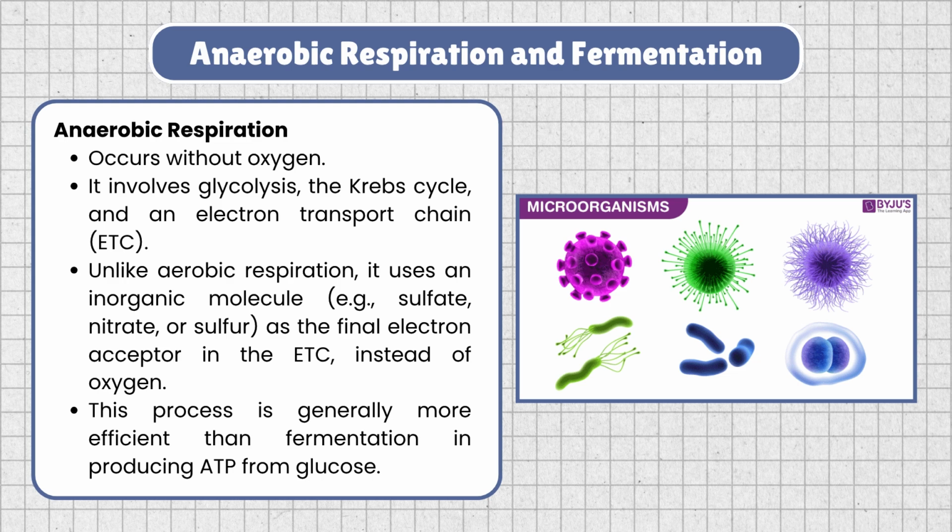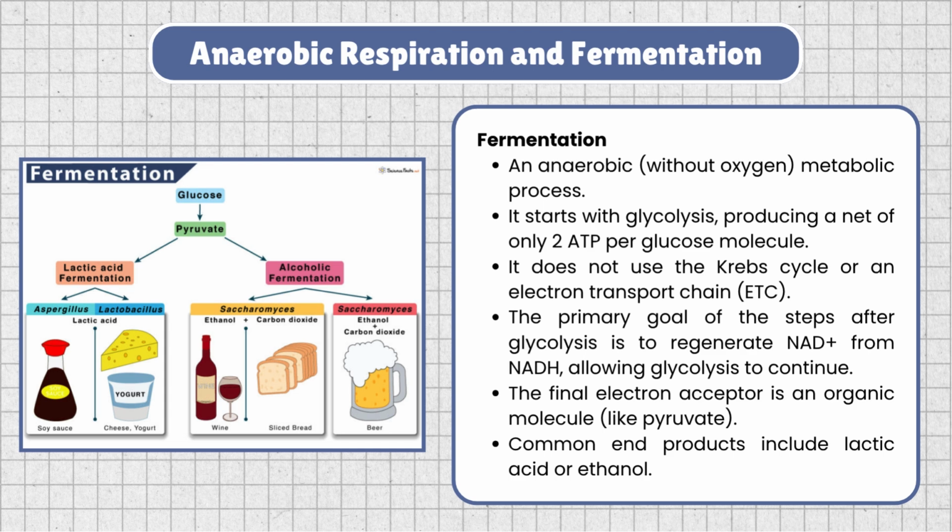Instead of oxygen, anaerobic respiration uses an inorganic molecule like sulfate, nitrate, or sulfur as the final electron acceptor in the ETC. As you know, yung kanina, yung cellular respiration sa may ETC, ang oxygen is yung final electron acceptor. Moving on, let's look at fermentation, another anaerobic or no oxygen metabolic process.